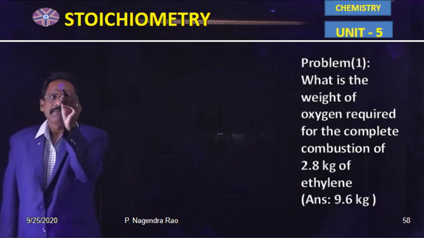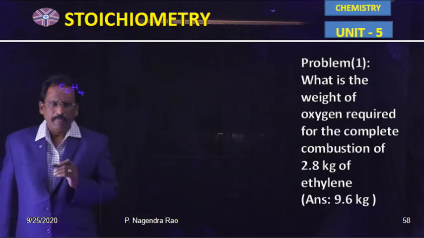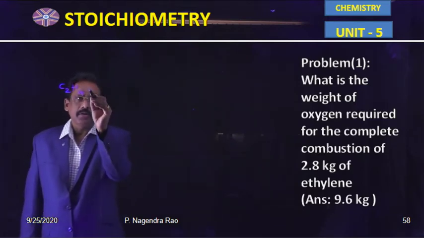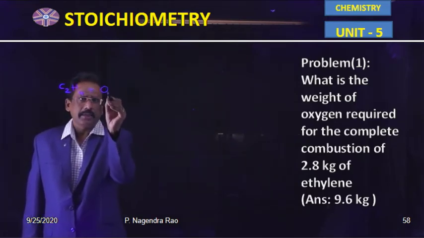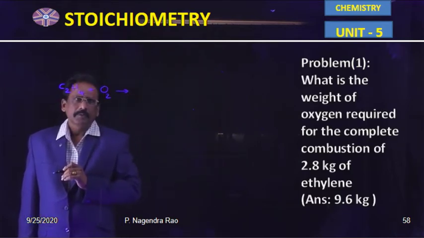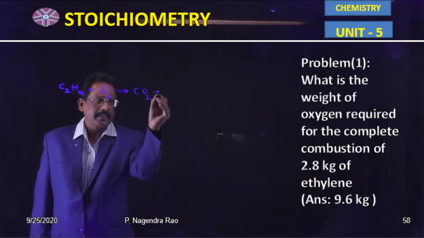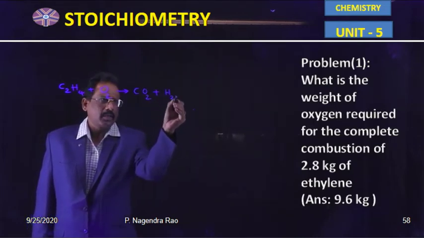The formula of ethylene is C2H4, and with oxygen it produces carbon dioxide gas and water vapor.